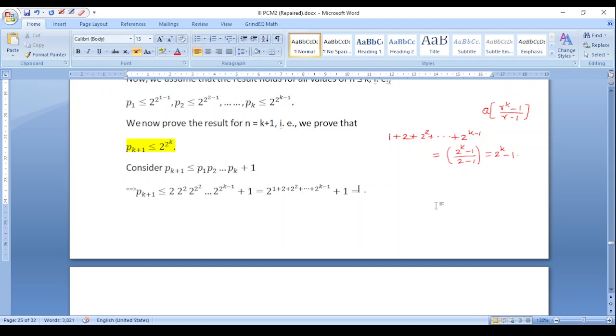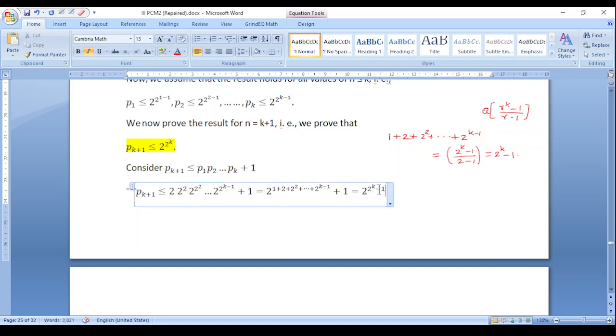Accordingly, what do you get here? This would be simply 2 to the power, this whole power, which is 1 plus 2 plus 2 square plus so on plus 2 to the power k minus 1, is going to be simply 2 to the power k and then minus 1.